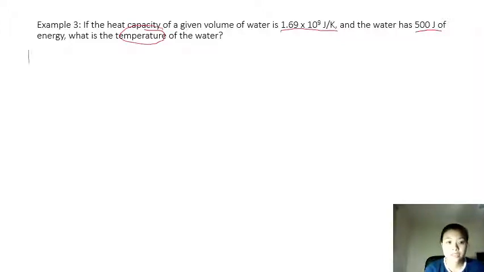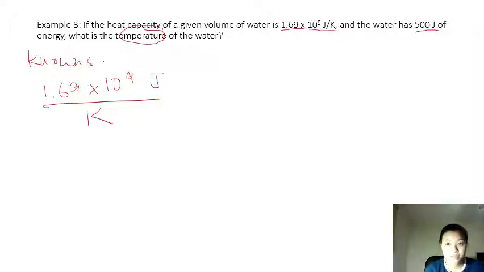So I'm going to list my knowns, and I have 1.69 times 10 to the 9th joules per Kelvin. And I also have 500 joules of water. I'm looking for temperature, and that is going to be in Kelvin.